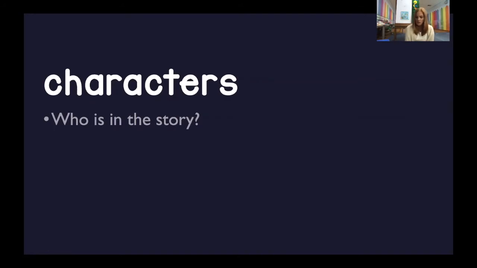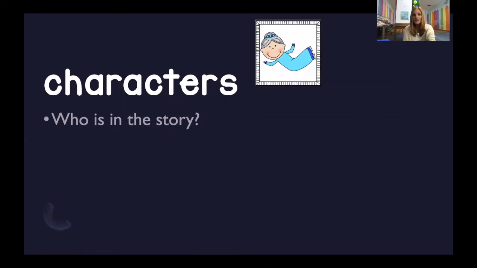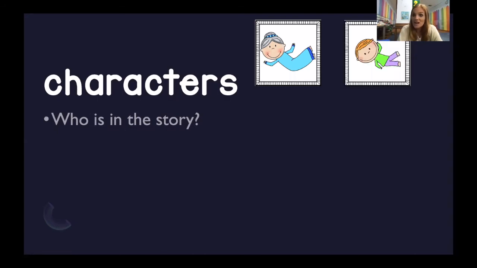The first one who went to sleep was Granny. Granny was a character. Do you remember who went to sleep on top of Granny? Child. The child was also a character.